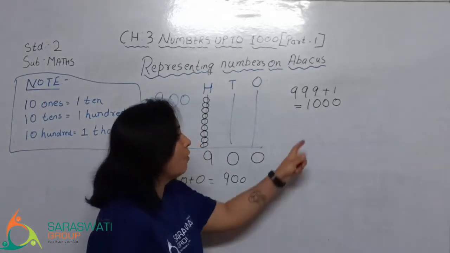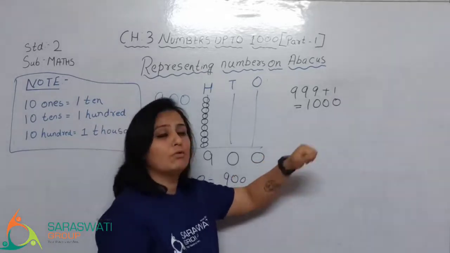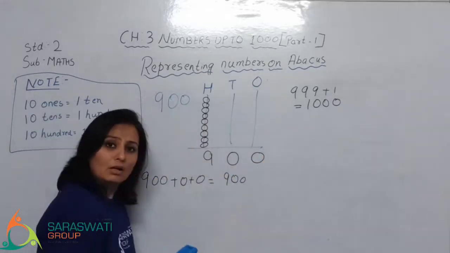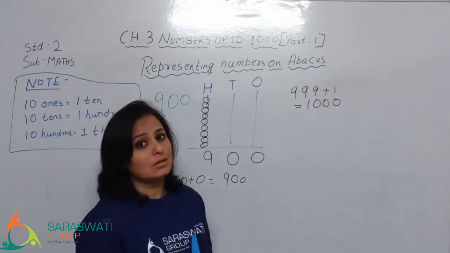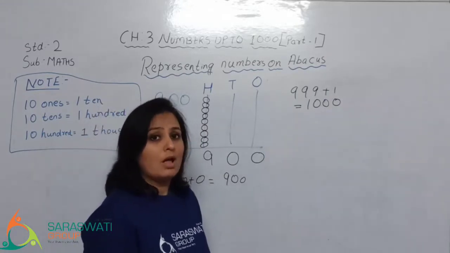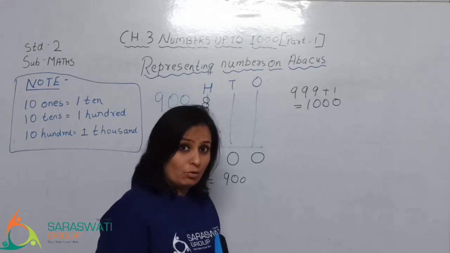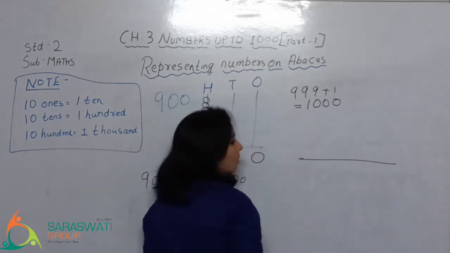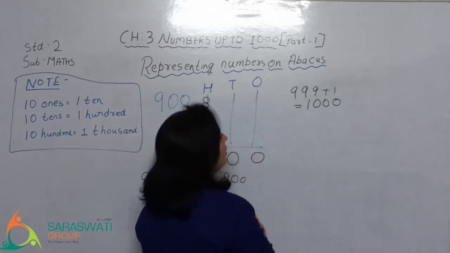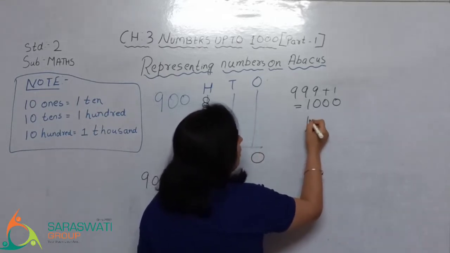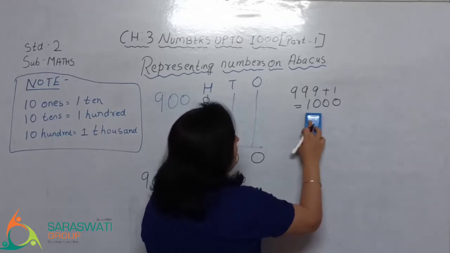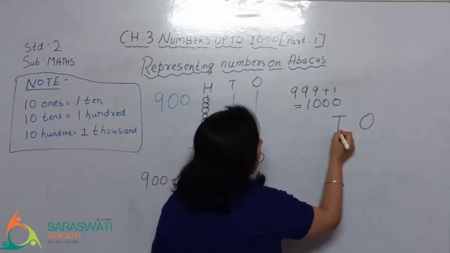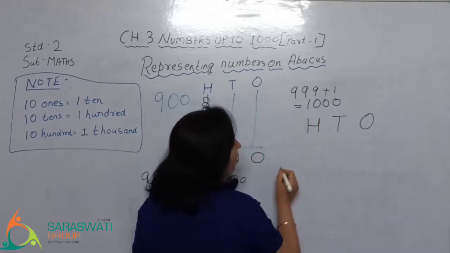Now, these are 4 numbers. 1, 2, 3, 4. 4 digits. And we have done till 1, 2 and 3, 3. 100, tens and ones. So now, if I have 4, I will have to add one more rod to it. Right? So, how will I do it? First I'll place ones, then tens, then 100.